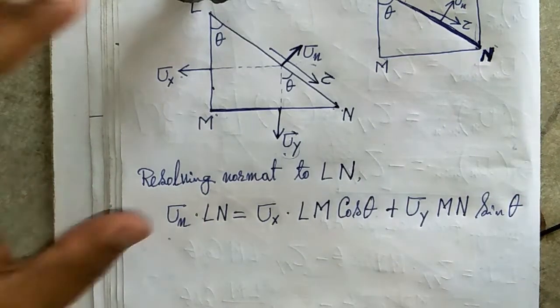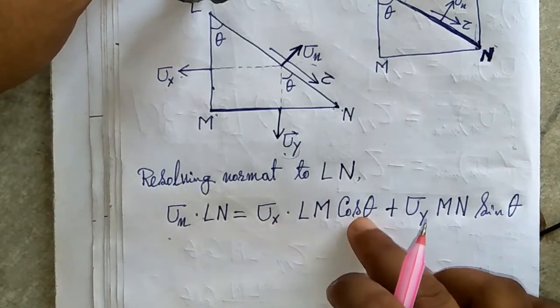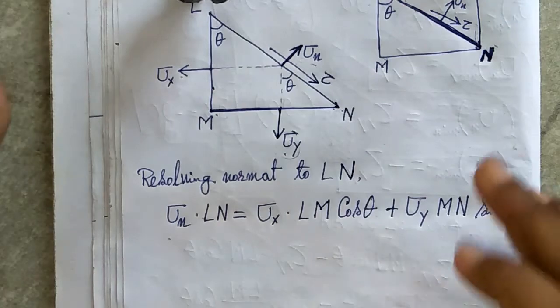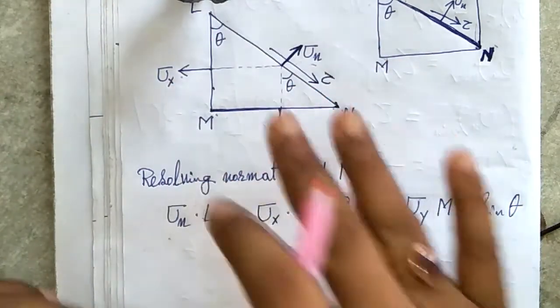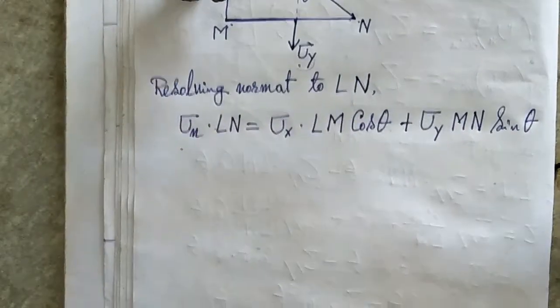Okay, so this sigma x lm cos theta and sigma y mn sin theta come from this geometry. This is the basic thing that I am not going to explain further.